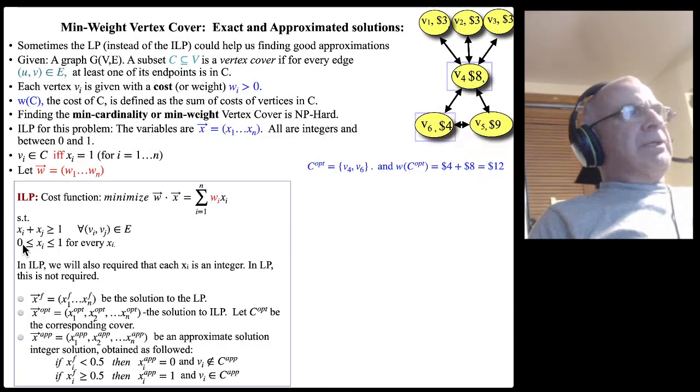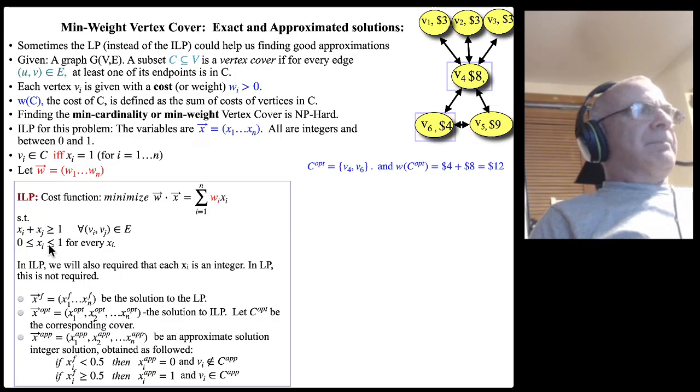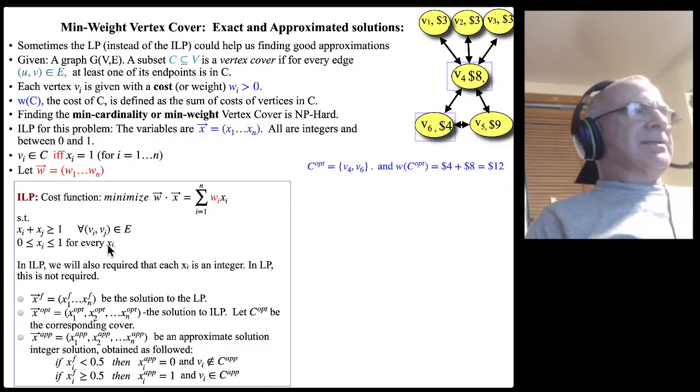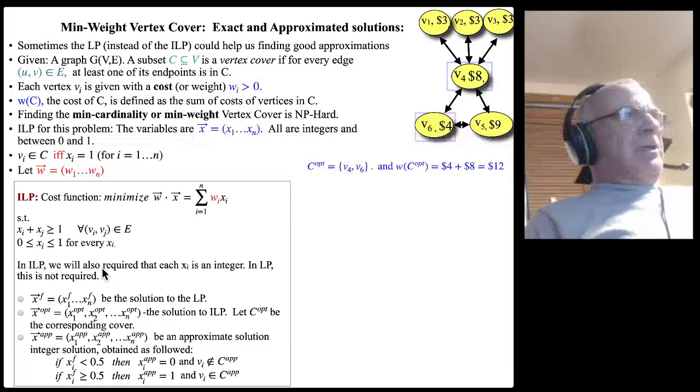And now I need to tell the ILP to make sure that every xi is a Boolean variable, so I'll constrain xi to be between 0 and 1. So far it's linear constraints for each one of the xi's. And in the ILP problem, we will require that every xi is, of course, an integer.